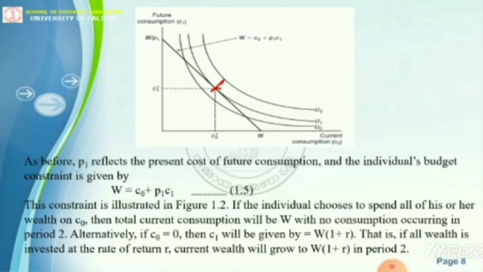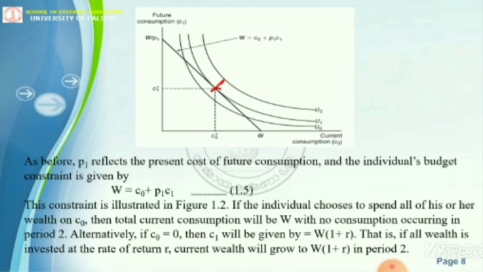Okay. So as before, P1 reflects the present cost of future consumption, and the individual's budget constraint is given by W. What is the budget constraint? That means the income of that individual, right? The budget constraint is W equal to C0 plus P1 C1, isn't it? Okay, the present price and present consumption, right?